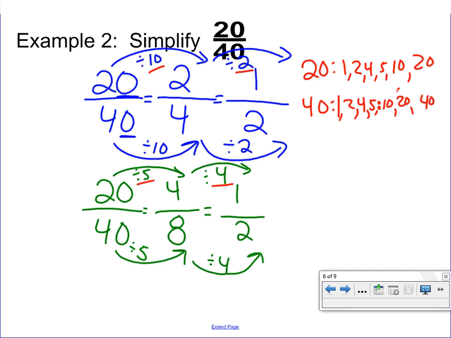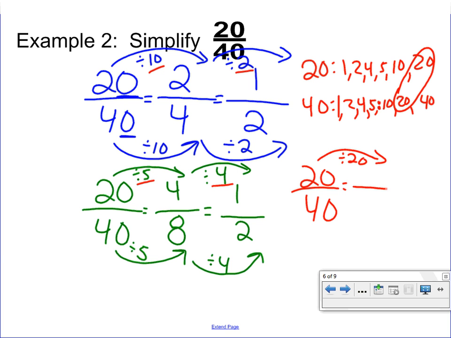They share the greatest common factor of 20. So again, my 10 times 2, my 5 times 4 still equals 20. If I take 20 divided by 20, that gives me 1. And 40 divided by 20 gives me 2. However you need to do it works for me.